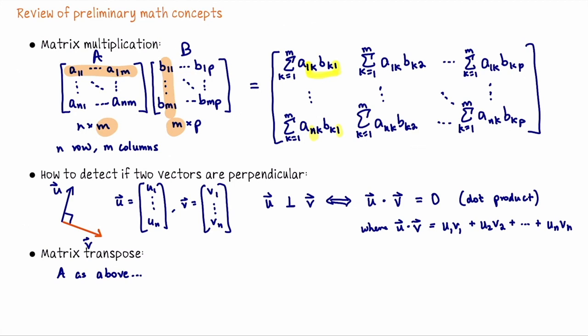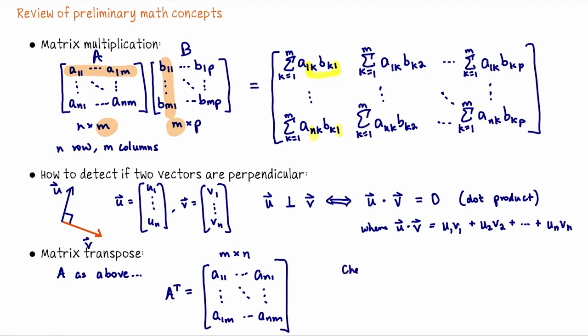So in particular, A transpose would be, let's see, what I called A11 through A1m on the first row needs to become the first column. And then what I called An1 through Anm on the final row, that needs to be the final column. So that's going to be An1 all the way through Anm. You can see the dimensions flip, so it's going to be an m by n matrix with m rows and n columns.